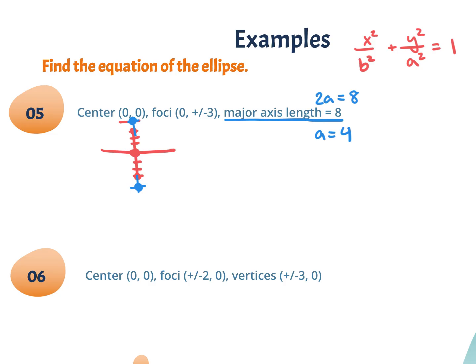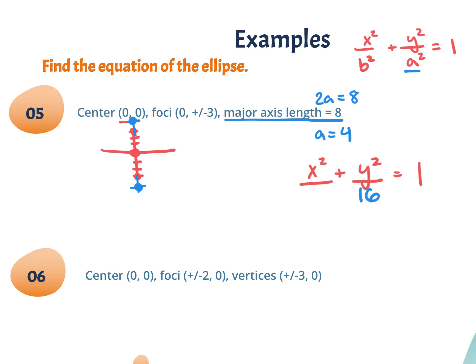So our major axis, the whole thing's 8, but cut it in half to find what a is. So a would be 4. So we can plug that in. Yes, it's not 4 from the point of the sound, it's 4 from the center. 4 from the center. Yep. So if a is 4, what's a squared going to be? 16. Perfect.